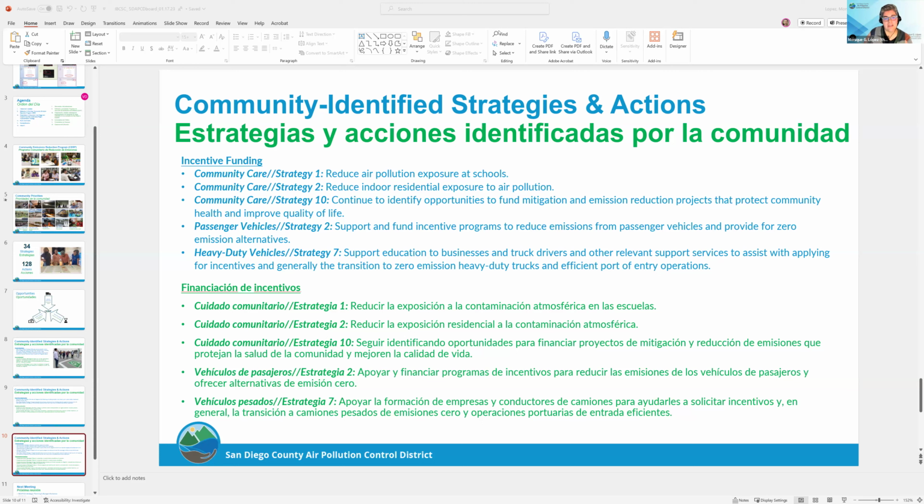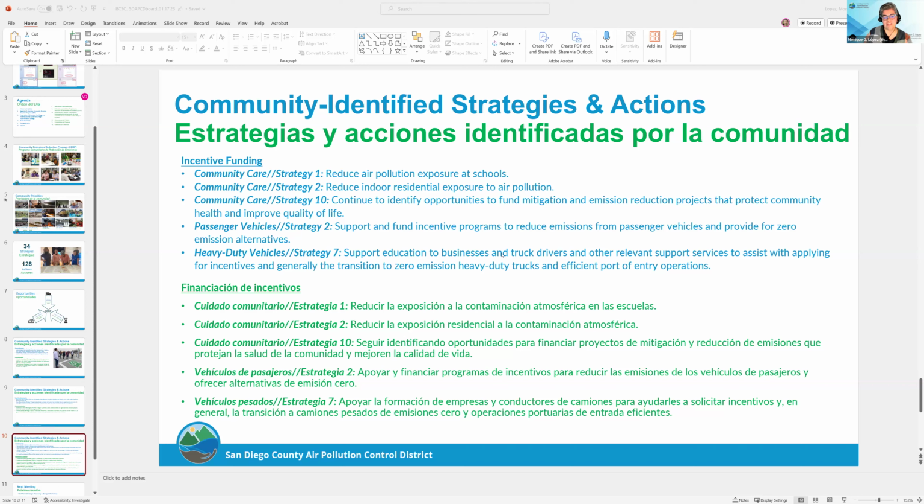Next is supporting and funding incentive programs to reduce emissions from passenger vehicles, so cars. There is some incentive funding for that, but how can we direct our team to get more information out there to folks for that transition? And then lastly, it's similar to the one I mentioned previously, support education to businesses. Actually, I think it's the same one. I accidentally put it twice.